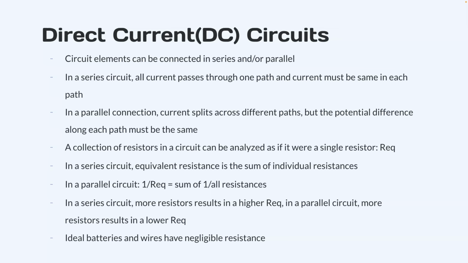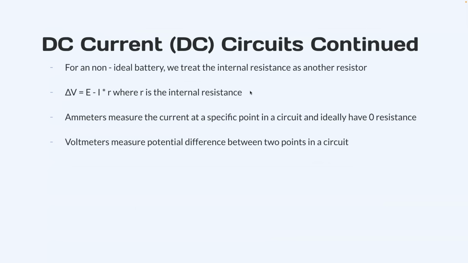So 1 over R1 plus 1 over R2 and so on, that's equal to 1 over R equivalent. In a series circuit, because of the equation, you can prove it, more resistors mean a higher R equivalent. But in a parallel circuit, more resistors mean a lower R equivalent. Ideal batteries and wires always have negligible resistance.